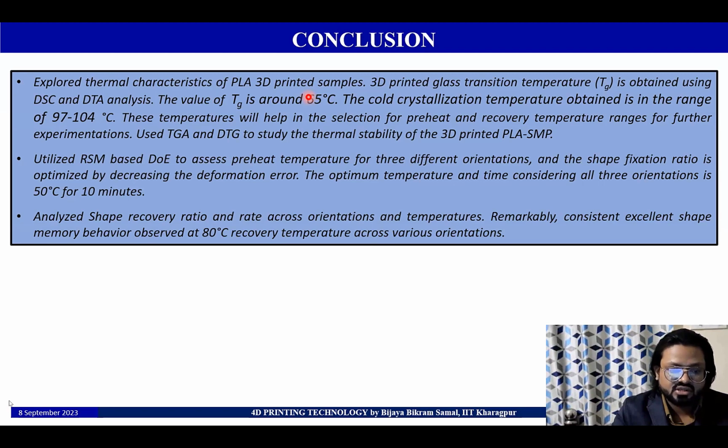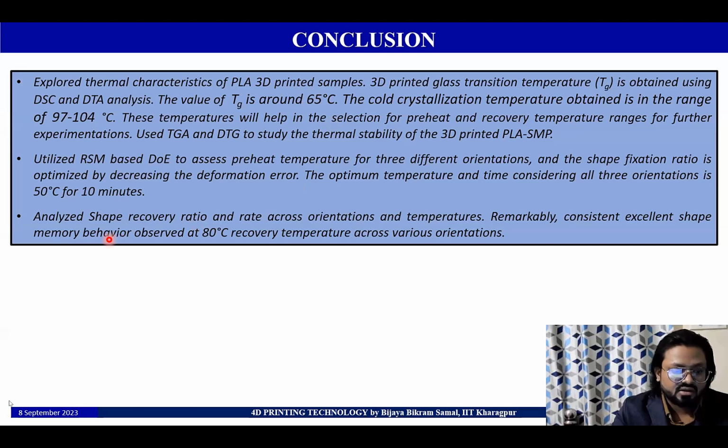By utilizing RSM, that is the design of experiments based approach, we have optimized using the desirability function analysis, and we have found that if we consider all the orientations and one single value, then we can take 50 degrees Celsius for 10 minutes, or else we can also take the single values that we have found for each of the orientations.